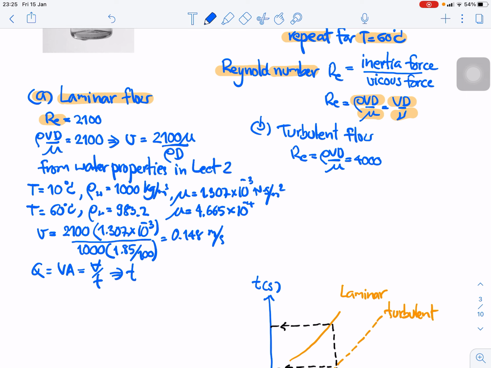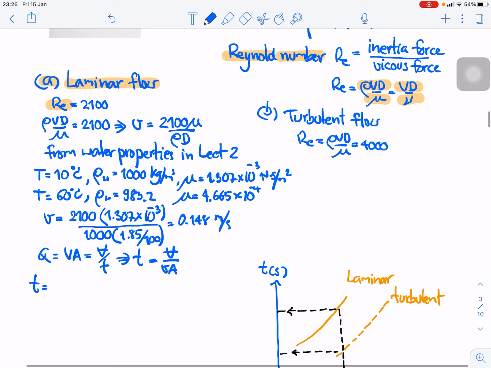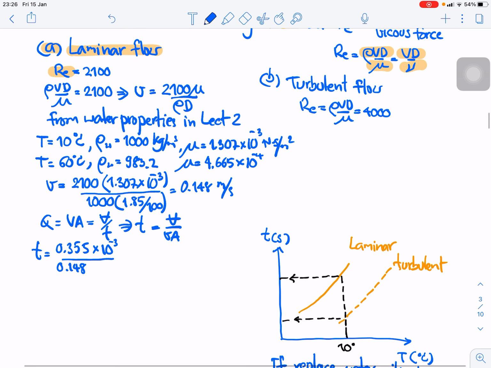Now we can find that the time is equal to the volume divided by velocity and area. So T is equal to the volume of the glass, converted to cubic meter, divided by velocity and divided by the area of the pipe.